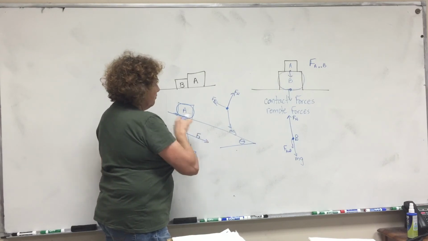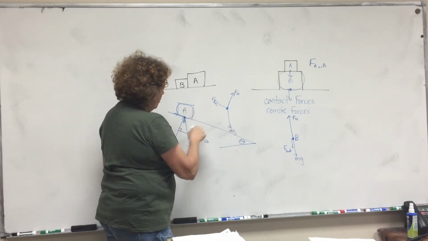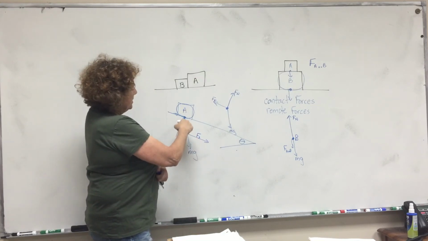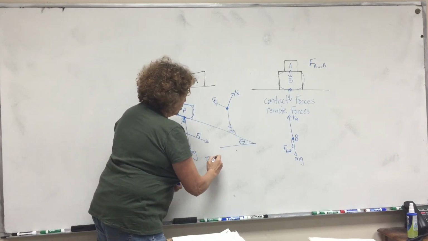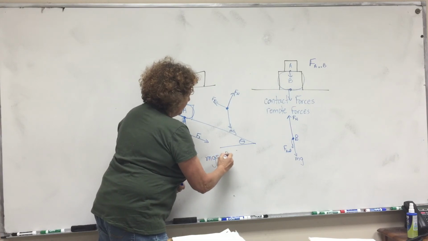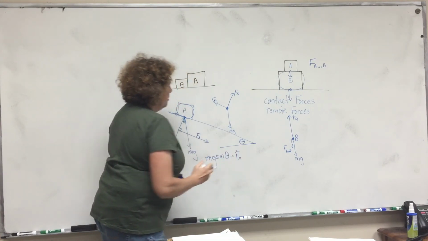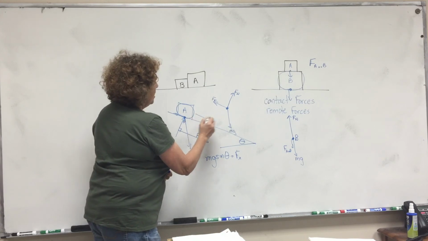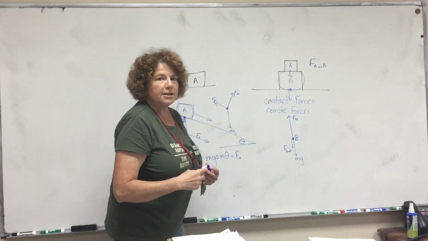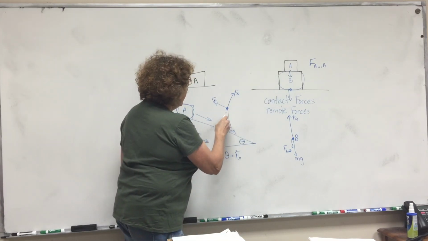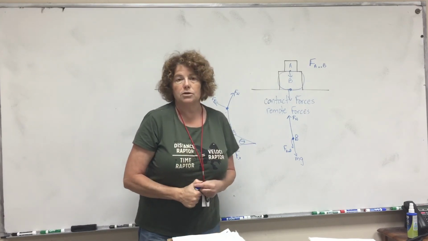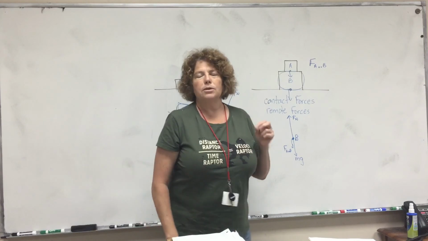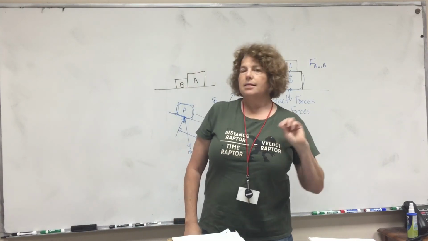Fx, the force going in the direction of the movement, would be the sine of theta times mg. So mg sine of theta would give you the forward moving force. But you would never put it on a force diagram because it is merely this component of your mg force. So usually it will say, write the forces, not the components.